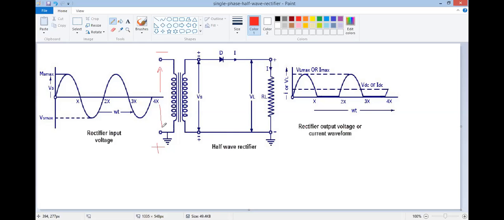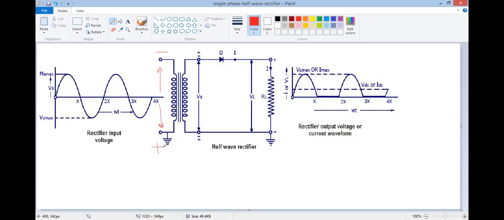Means reverse. Battery terminals are reverse, like this. Getting it? So positive terminal on lower side now and negative terminal on upper side. Exactly reverse to positive half cycle of input.